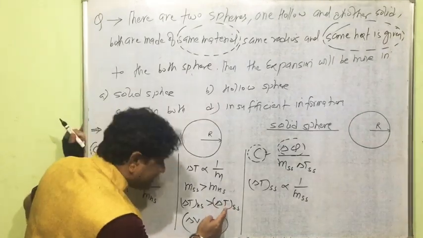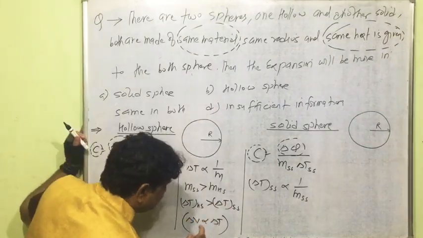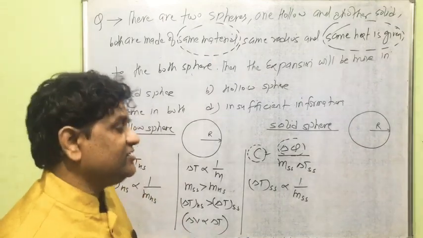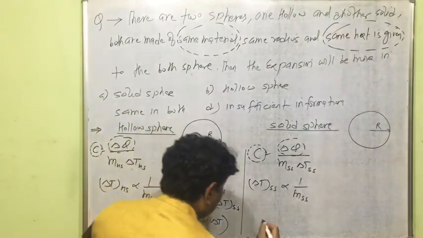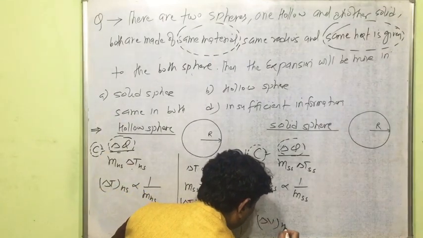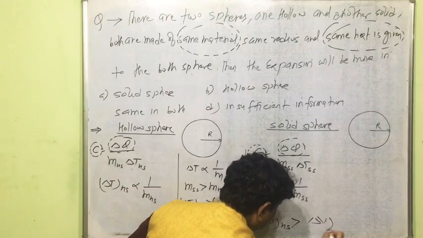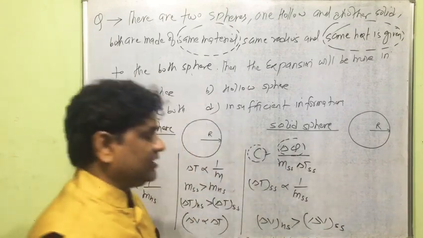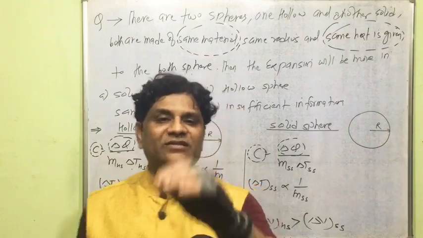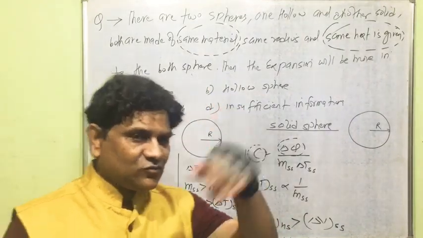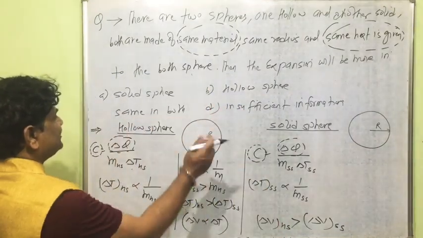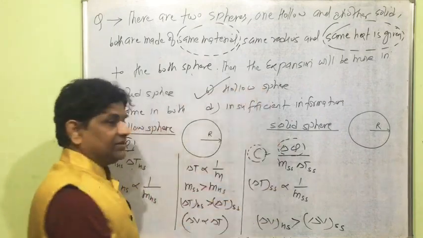The change in temperature is less for the solid sphere, so the change in volume will be less for the solid sphere. So ultimately, delta V of the hollow sphere will be more than delta V of the solid sphere. So what will be the answer to the question? Yes, it is the hollow sphere.